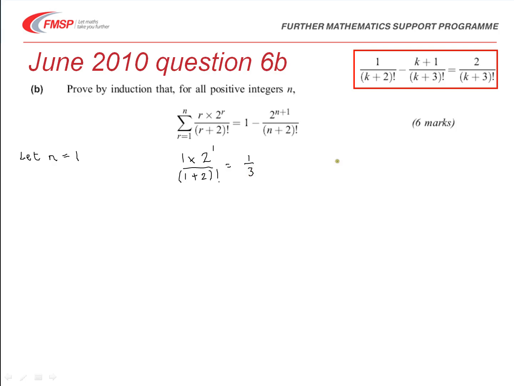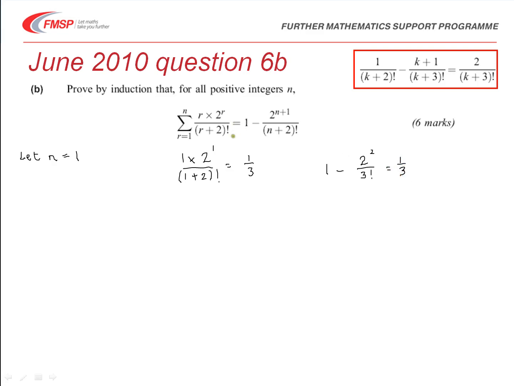And similarly then, if we take the right hand side, which is 1 minus 2 to the power of 1 plus 1, so it's 2 to the power of 2 over, again, n is 1, so this becomes 3 factorial. So this is 4 over 6, which is the same as 2 over 3, and 1 minus 2 over 3 is also 1/3.